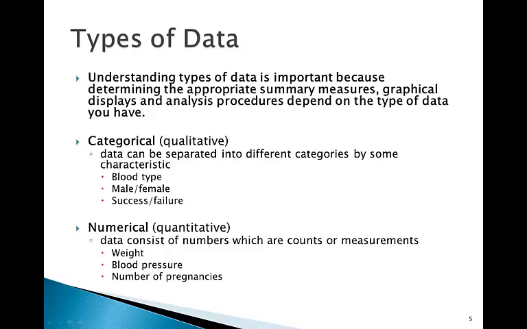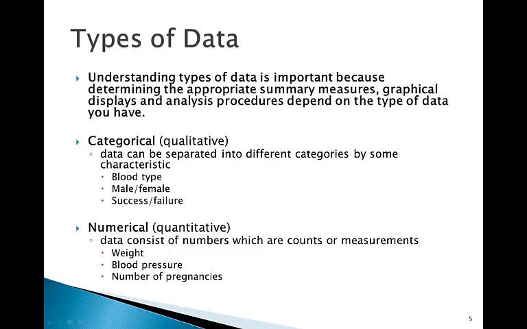The 2 main types of data are categorical and numerical, and these are the 2 types that we'll focus on mostly in this class. Categorical is exactly what it sounds like. It's when data falls into different categories. So some examples are blood type, gender, or just in general success or failure. So each observation would be categorized into one of those groups.